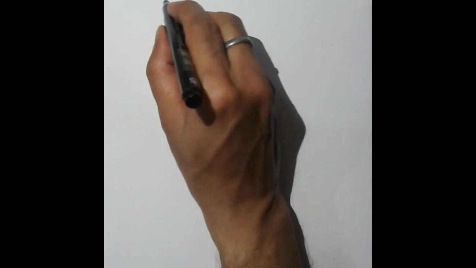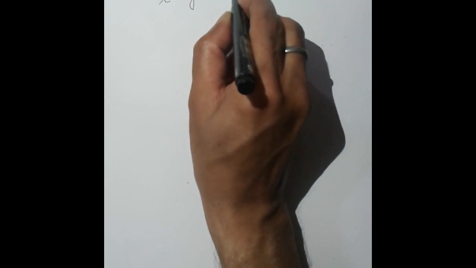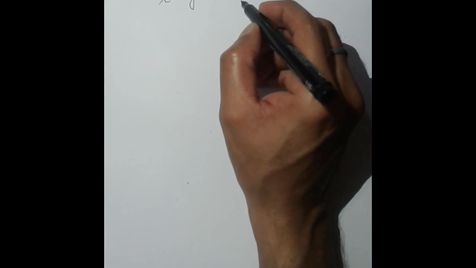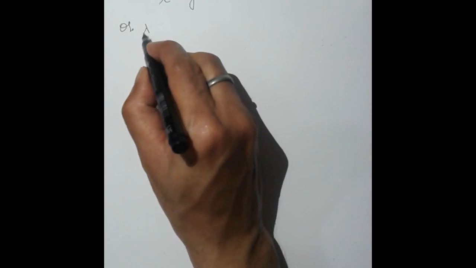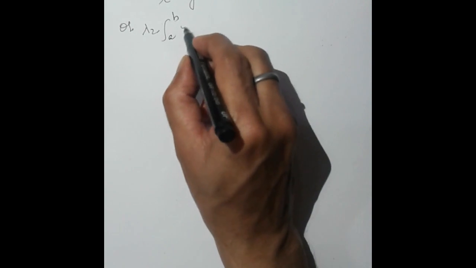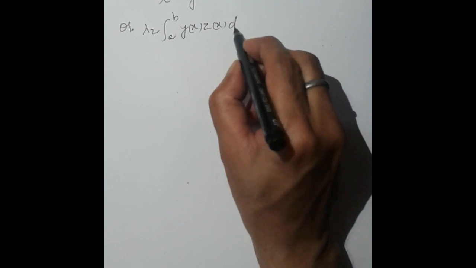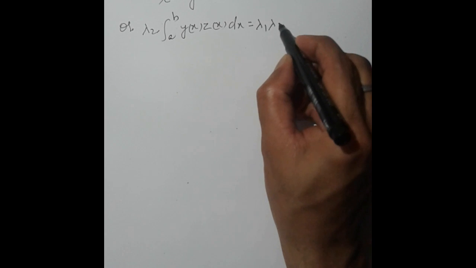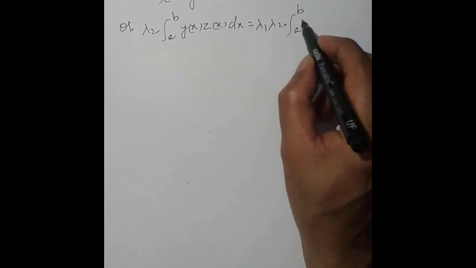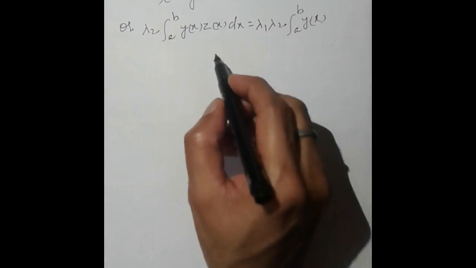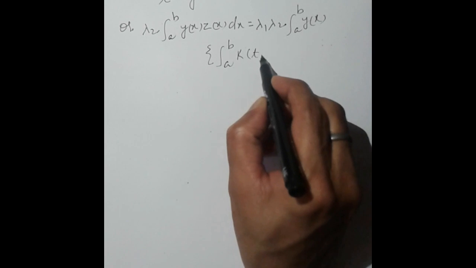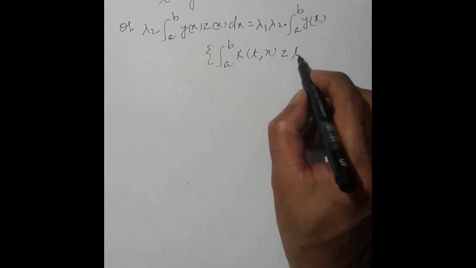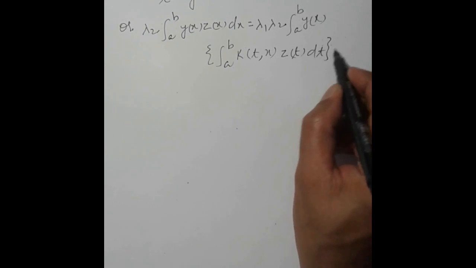On changing the order of integration, or λ2 times the integral from a to b of y(x) z(x) dx is equal to λ1 λ2 times the integral from a to b of y(x), the integral from a to b of K(t,x) z(t) dt, dx.